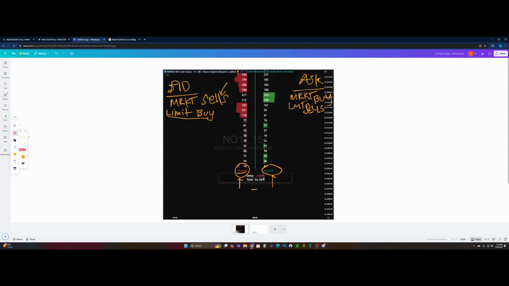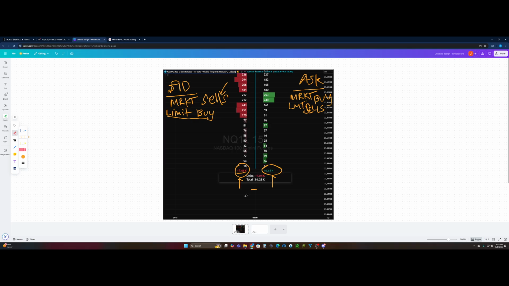Now that total is the end result of the candle, right? In real time, depending on your time frame, whatever candle you're using, this will change. But because this candle has closed and we have moved on to the next candle, this is what it closed at, and the delta is negative 1,004 contracts.